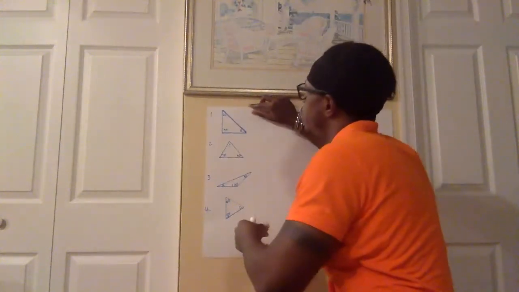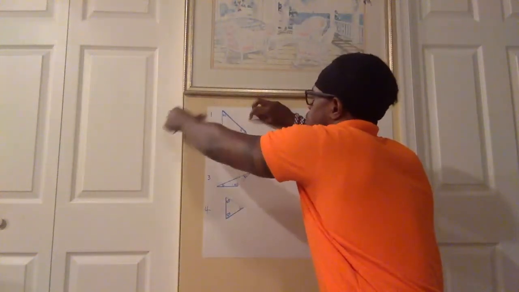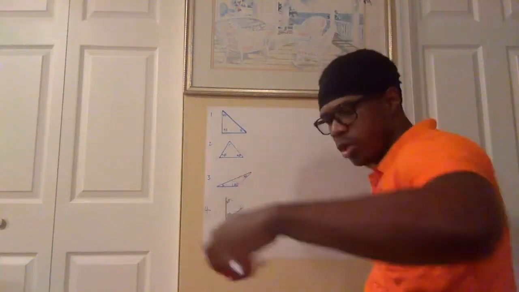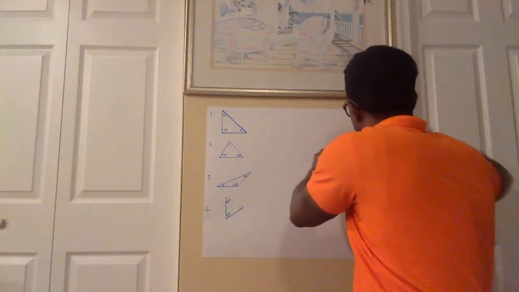And if you're not fully understanding, feel free to rewind and go over what I just said. You probably can't even see the numbers. I'm going to write them a lot bigger so you can see them.